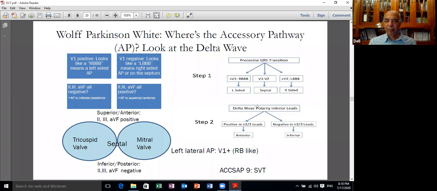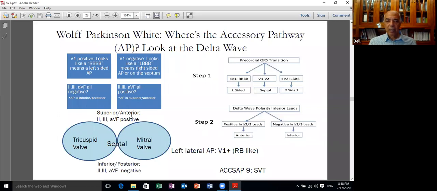And the next step is to look at the inferior leads. If the inferior leads 2, 3, and aVF show a positive delta wave, a positive complex in 2 of the 3 leads or more, then it's anteriorly located, activating the ventricle from above downward. And if it is negative in the inferior leads, it is inferiorly located.